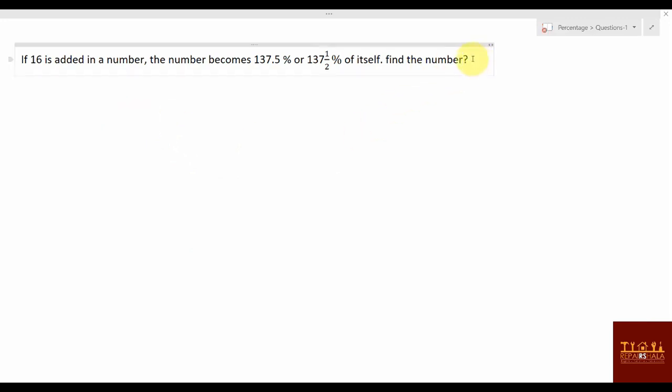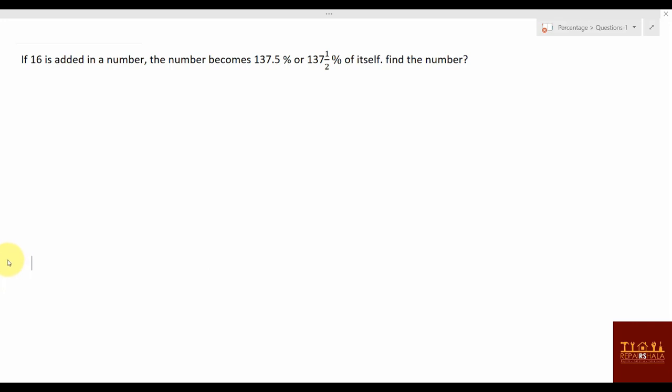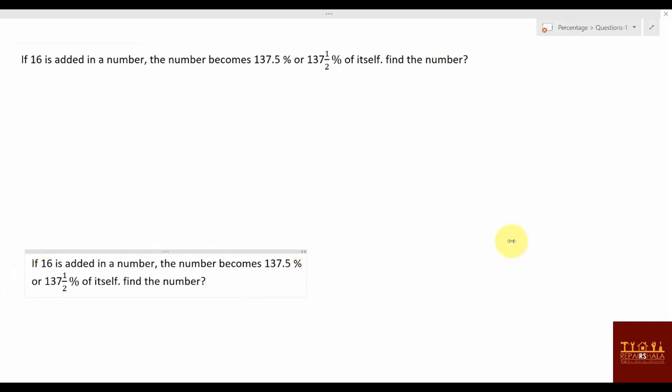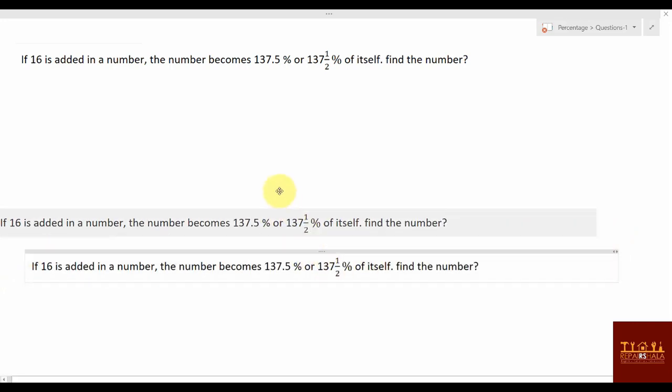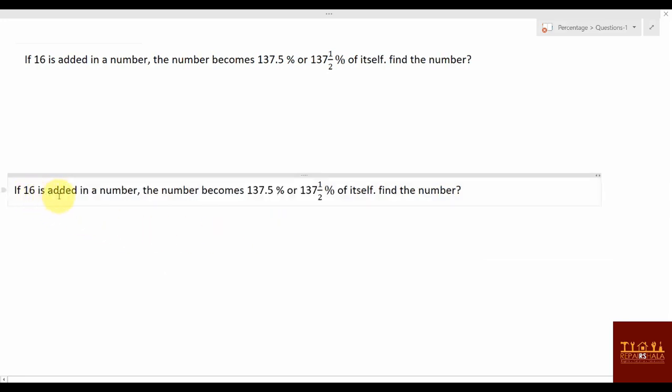Before that, I would say that you solve this question. Okay, this is fine.